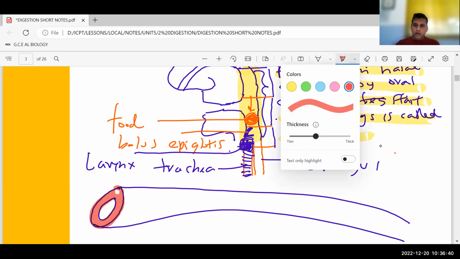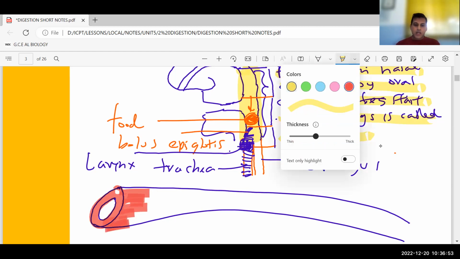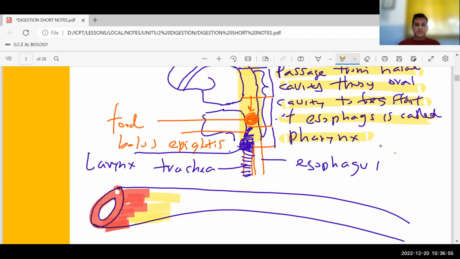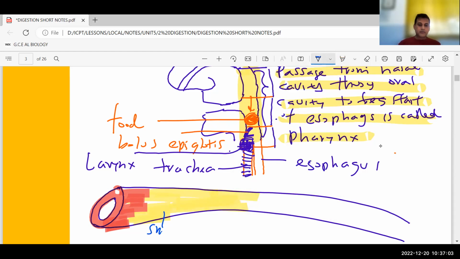So we have learned types of muscles. Initially, we can see some skeletal muscles, but most of the muscles are smooth muscles.